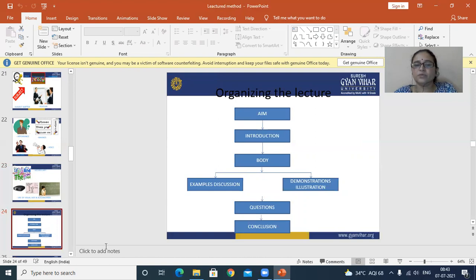Body of the topic: example, discussion, demonstration, illustration. Lecture body should be divided in two parts, and then question and conclusion. So this is the way to organize your lecture in a proper way.